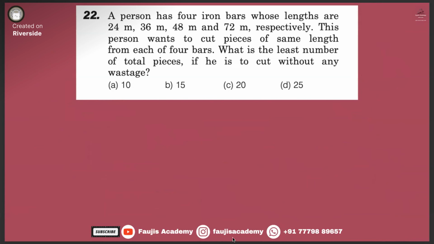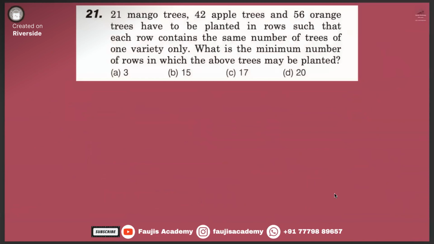Yes, sir. Okay, so this is your next question. Think about it. 21 mango trees, 42 apple trees, and 56 orange trees have to be planted in rows such that each row contains the same number of trees of one variety only.